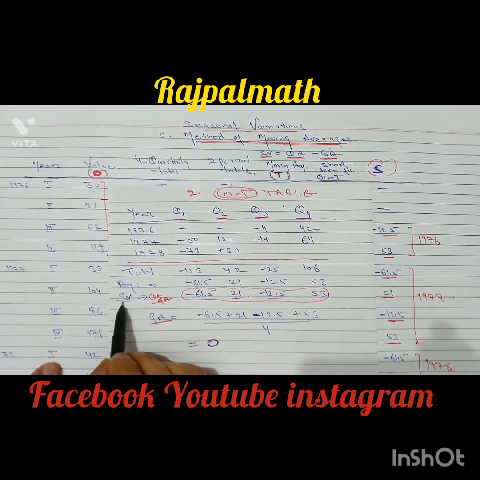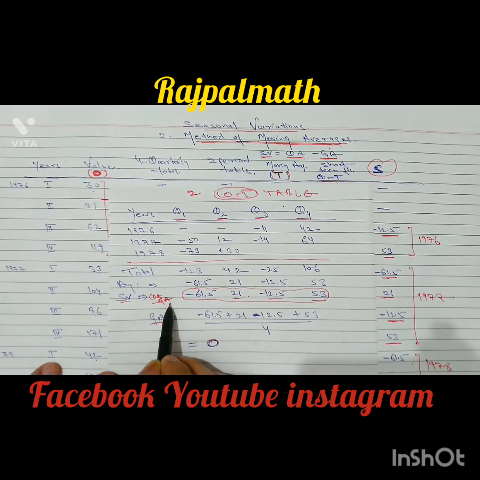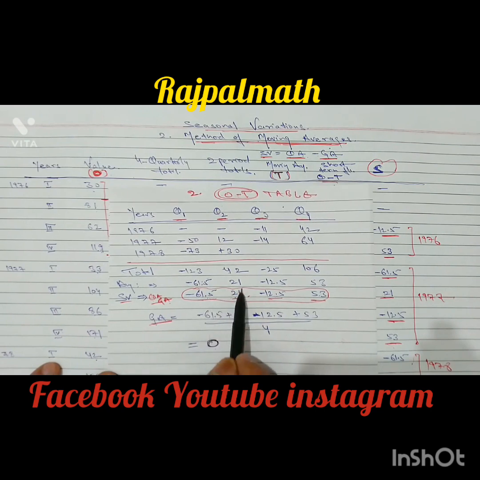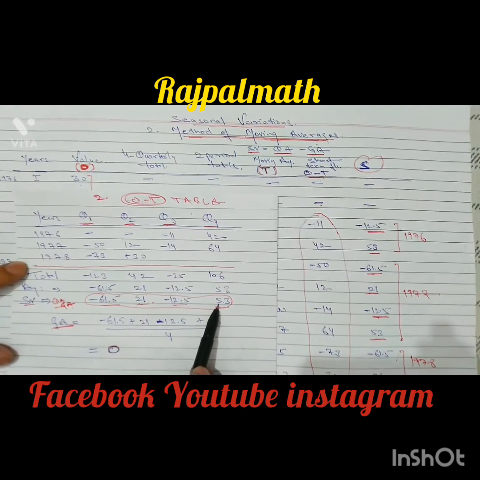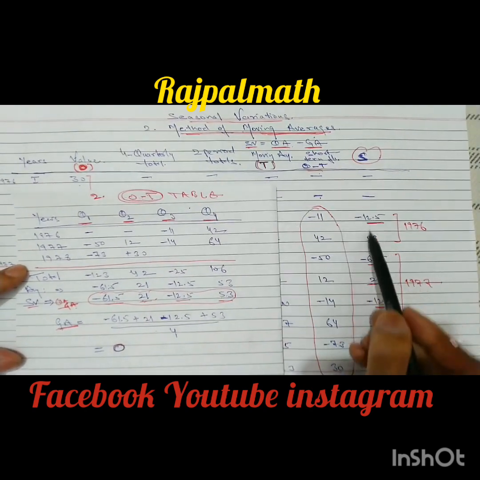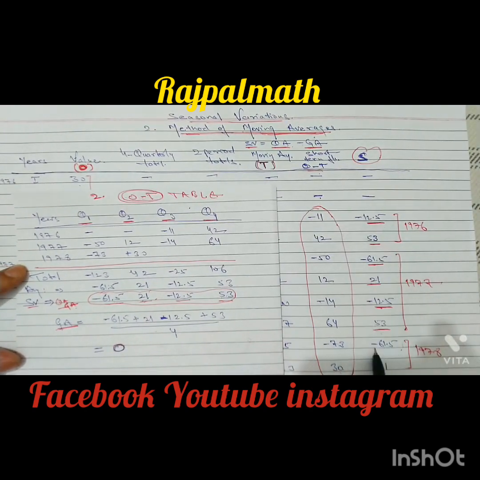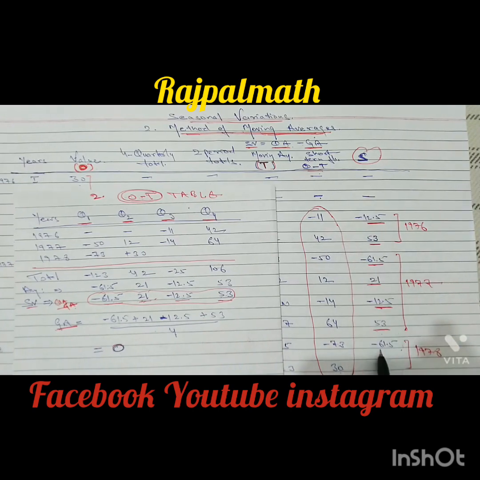The formula is seasonal variation equals quarterly average minus general average. The general average is 0, therefore average and seasonal variations are equal. Write these seasonal variations column wise in front of each quarter.